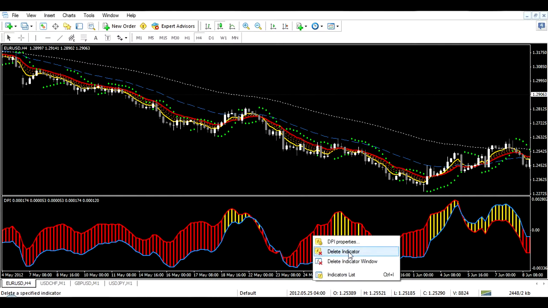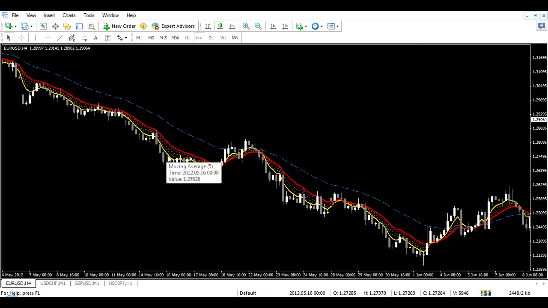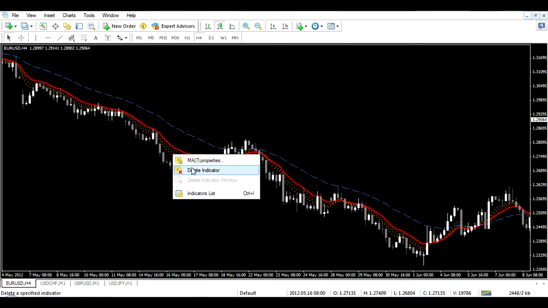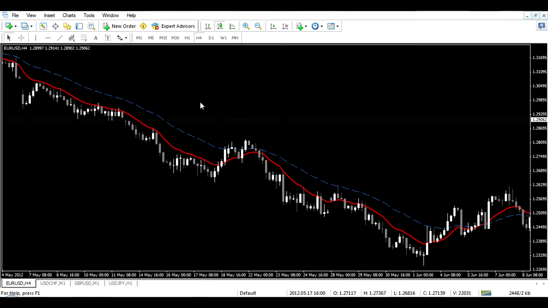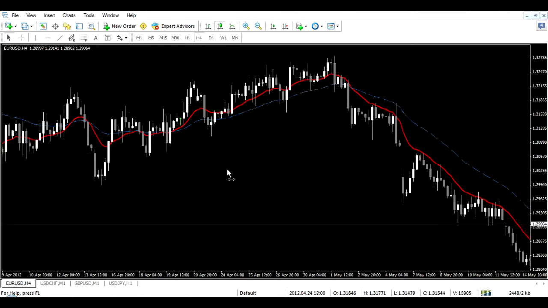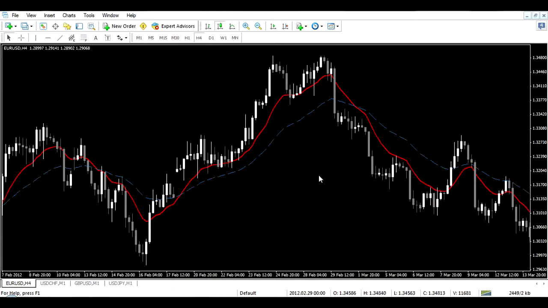So what I'm going to do now is strip away all of the indicators that we're not looking at right now. We're going to see some trade examples using all the indicators, but right now, to get the bare bones look at how the medium term trend works, I'm going to get rid of all the other indicators. So here we have just the bare bones, the two moving averages that constitute the medium-term trend.